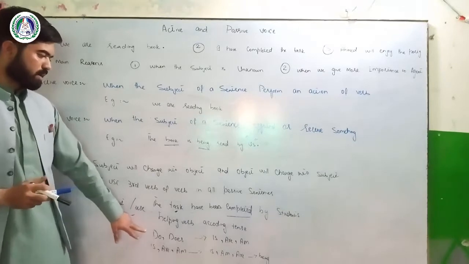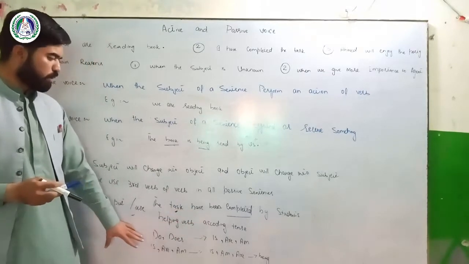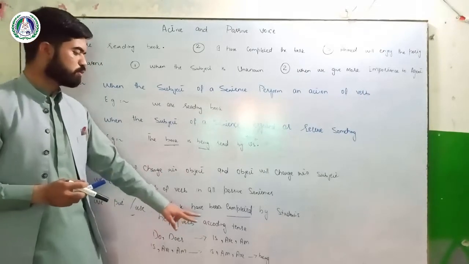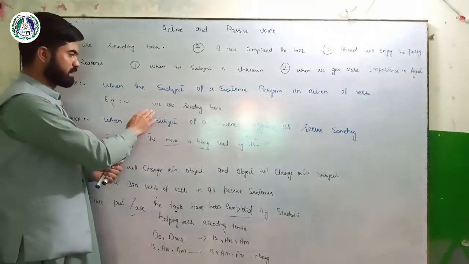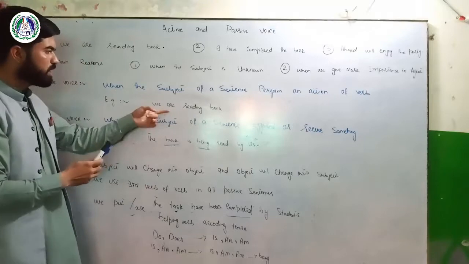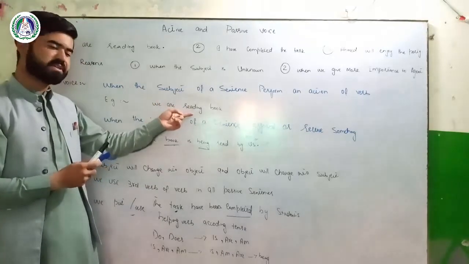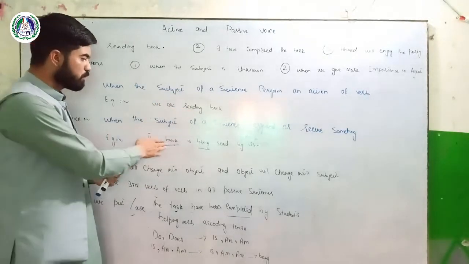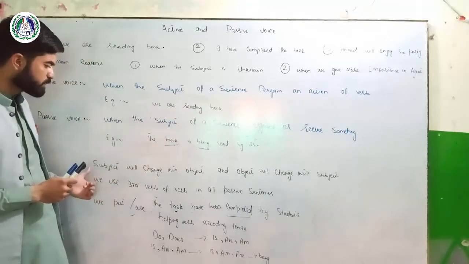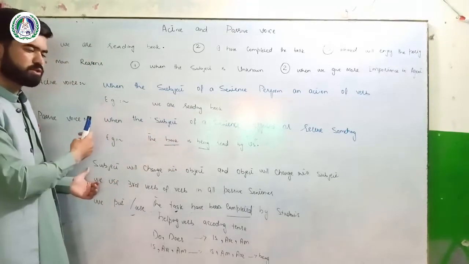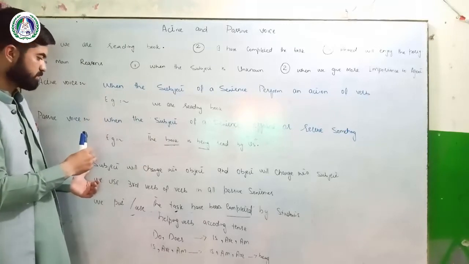How? Because rules tell us that with all continuous tenses we use the word being in a sentence in passive voice. The first one is a clear example for us that we are reading book. It is present continuous tense, okay? But the book, why did I put book at the beginning of a sentence? According to the first rule that subject will change into object and object will change into subject, okay?